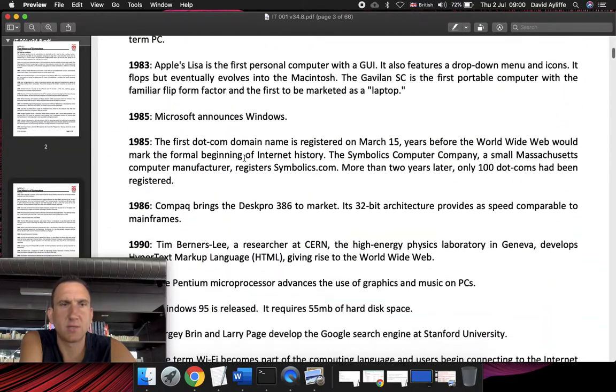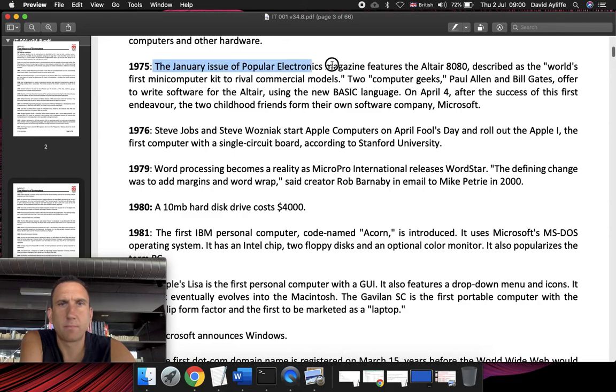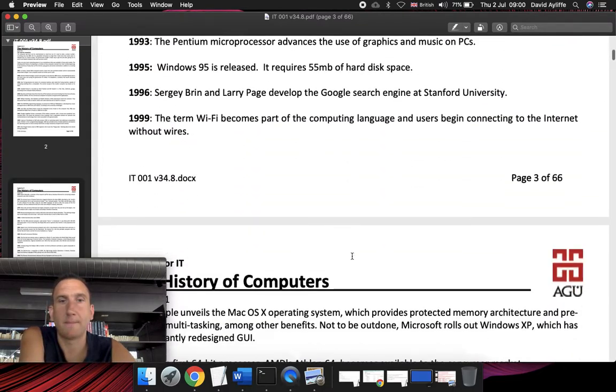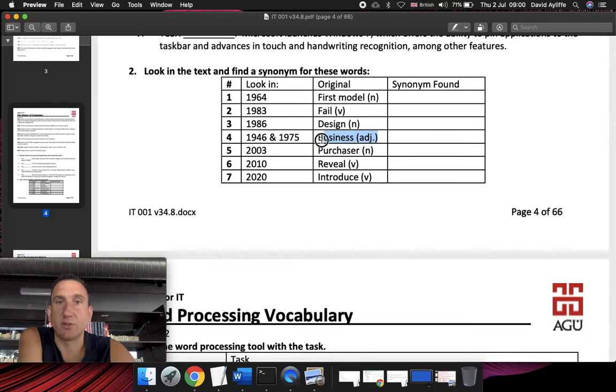And 1975: to rival commercial models. So to rival business models. Business here is an adjective, not a noun. So commercial is the answer here.